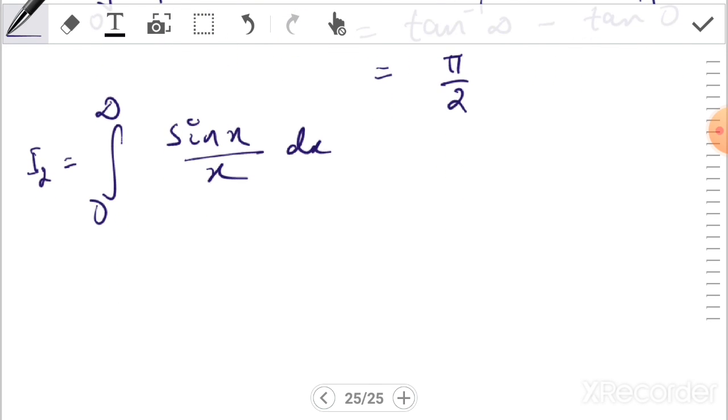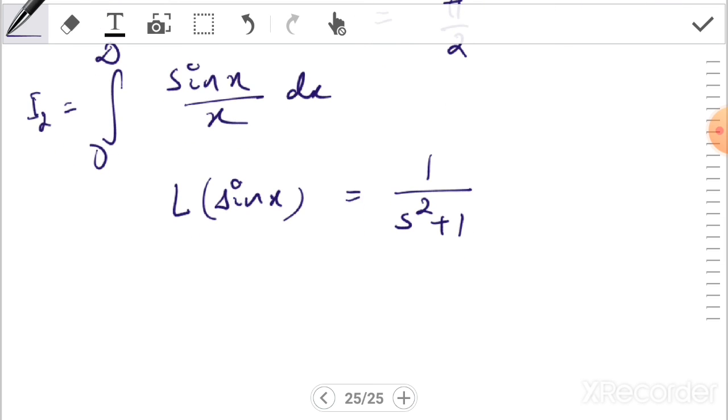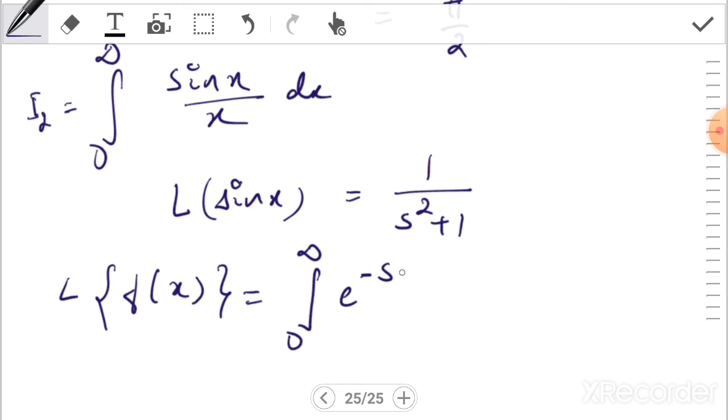Let us recall Laplace transform of sin x is 1 by s square plus 1, and we know that Laplace transform of f of x is equal to integral 0 to infinite e power minus sx f of x dx.